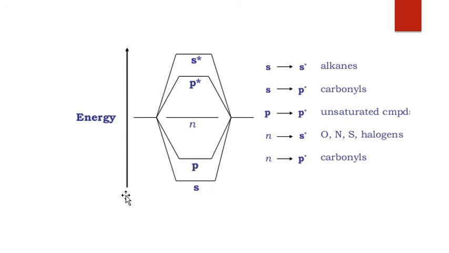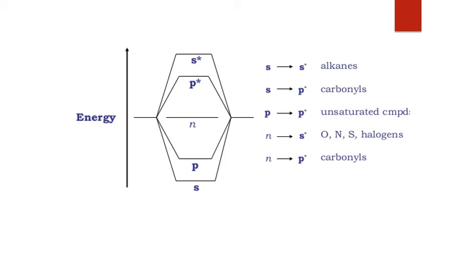This arrow is showing that the lowest orbital has the minimum energy, and as we move upward, there is an increase in energy level. So when electrons shift from the sigma orbital to the sigma star orbital, there is the maximum energy difference in this transition. The orbital with minimum bonding energy has the anti-bonding orbital with the maximum energy.